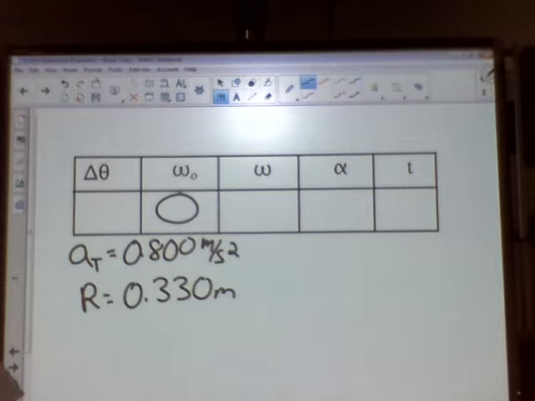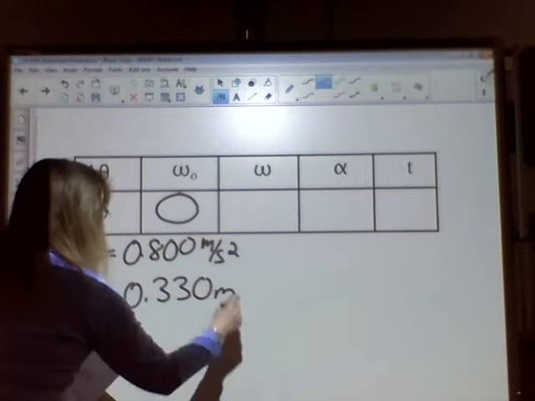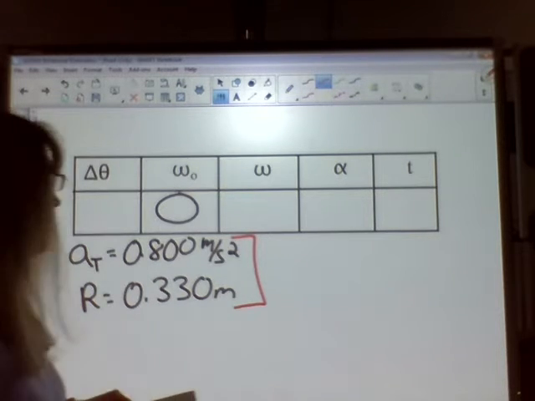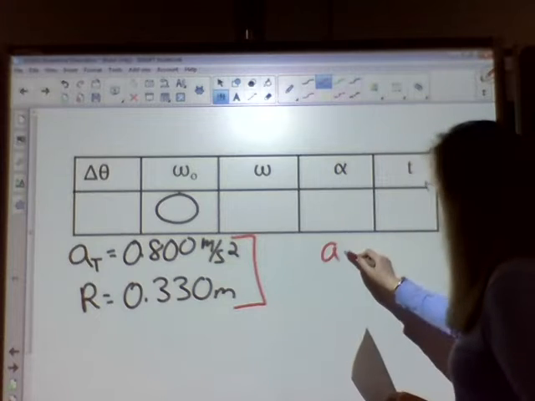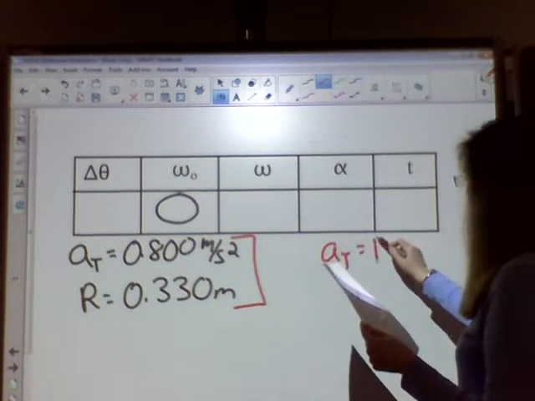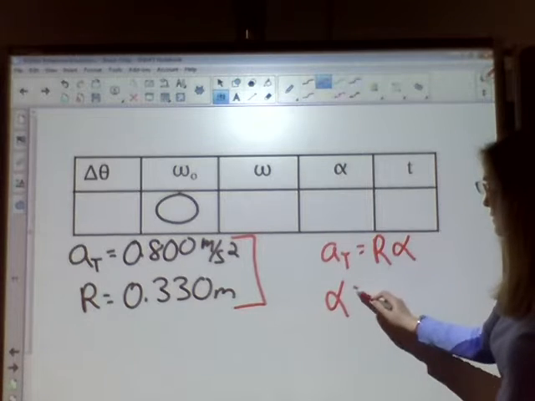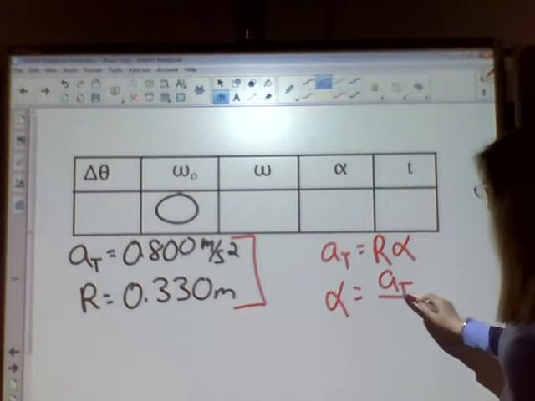We're now going to use the linear information to find our angular quantity of alpha. So we know that tangential acceleration is r times alpha. So alpha is going to be the tangential acceleration over r.